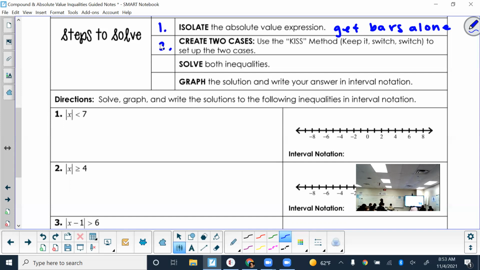Because with absolute value, there are 2 separate answers for every time that you have x in absolute value bars. Let's say I have the absolute value of x, and I'll just make an equation. Let's say I have the absolute value of x equals 5. What are my possibilities for what x can be?